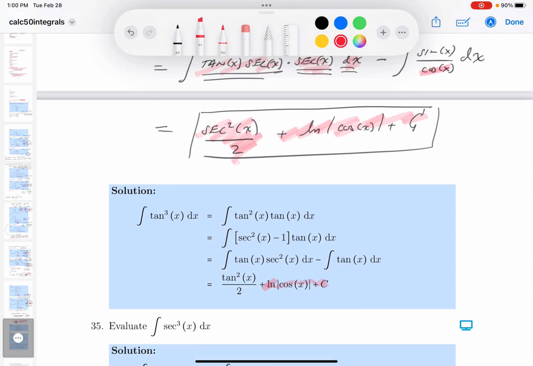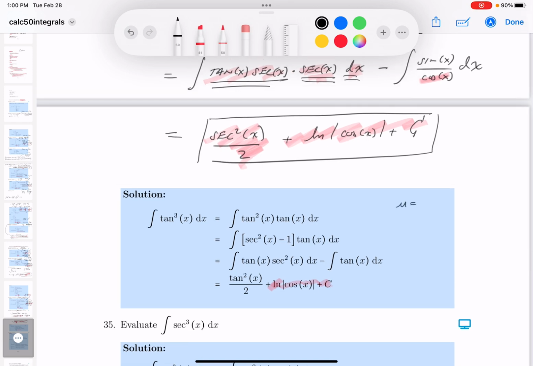It looks like what they did over here, and I've got to look at it. Let me see what they did to get that. You've got tan x. Yeah, look what they did. They said u. I'll write this down for you. By the way, I'm the one who did the key.